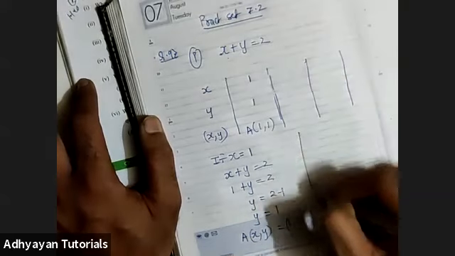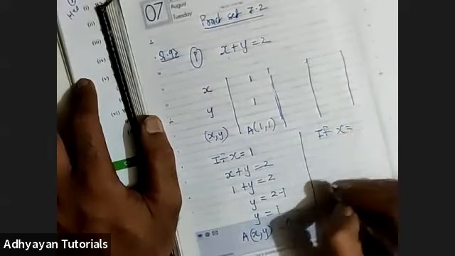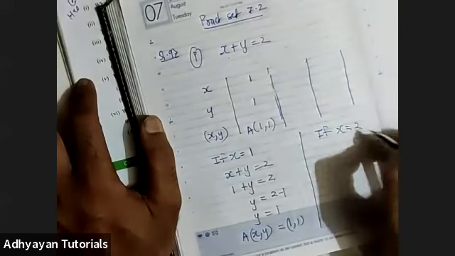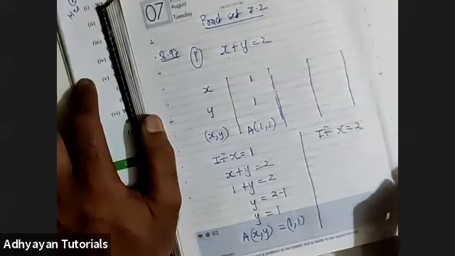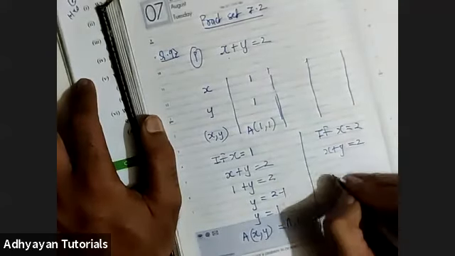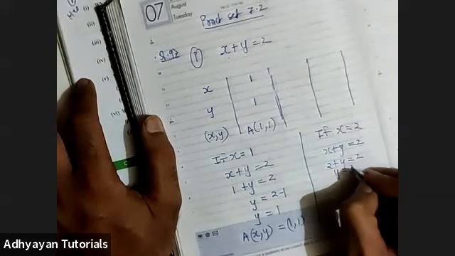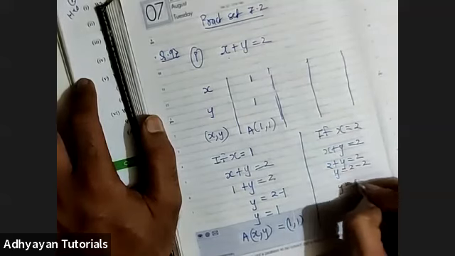The next example is again considered randomly. If x is equal to, let's say, 2, what happens then? If I consider the value of x as 2, I'll copy the equation: 2 plus y is equal to 2. So y is equal to 2 minus 2, and y is equal to 0.